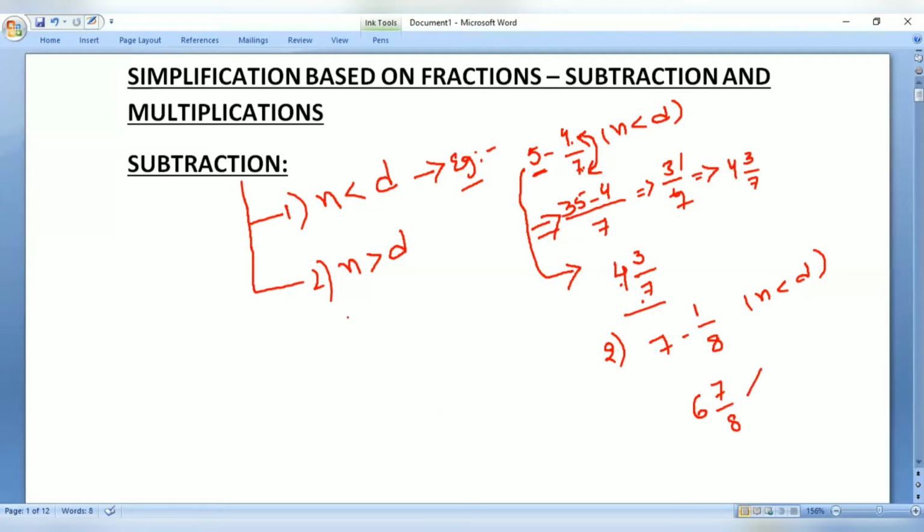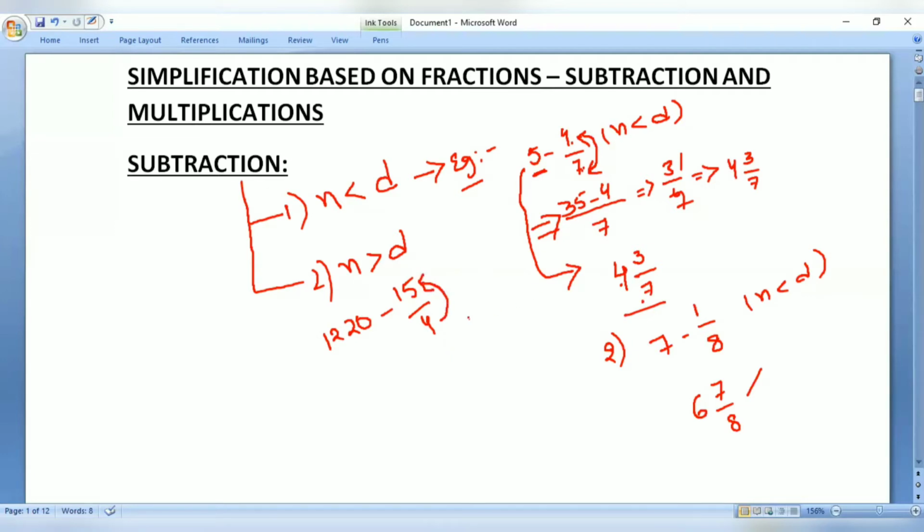Similarly, let us take the second case where the numerator is more than the denominator. Now what do we do in this case? For example, if somebody asks you a question like this: 120 minus 15 by 4. To simplify this, first identify how many times 15 will be cancelled with multiples of 4.